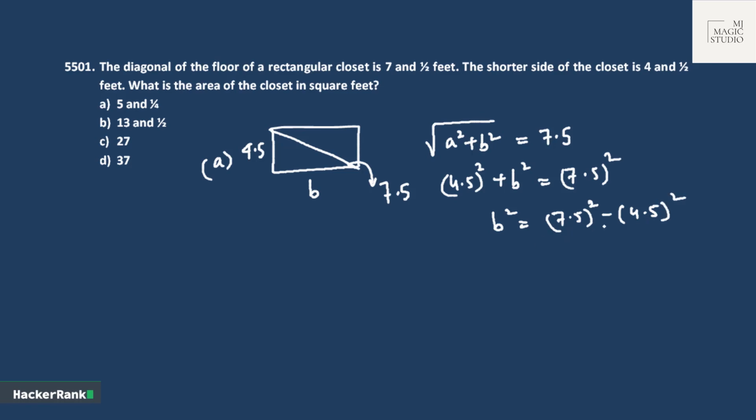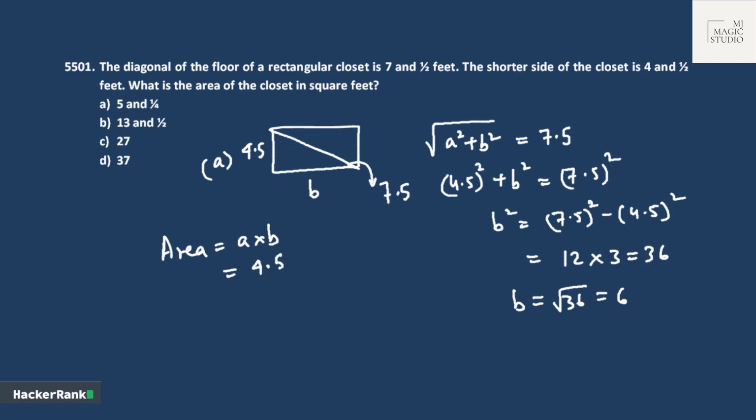So x square minus y square would be (x plus y) into (x minus y): 7.5 plus 4.5 is 12, into 7.5 minus 4.5 is 3, that is 36. That means b is root 36, that is 6 feet. So the area is a into b, that is 4.5 into 6, which is 27 square feet, and that we have in option C.